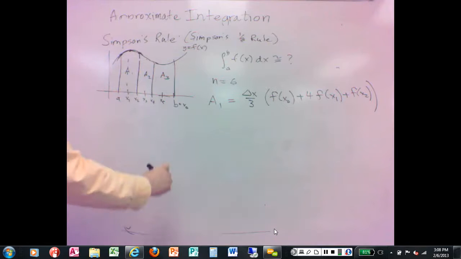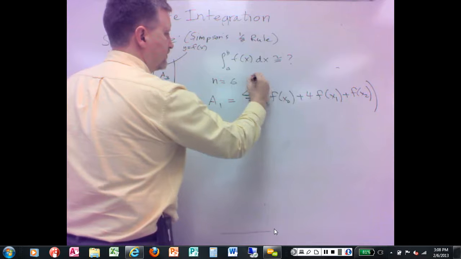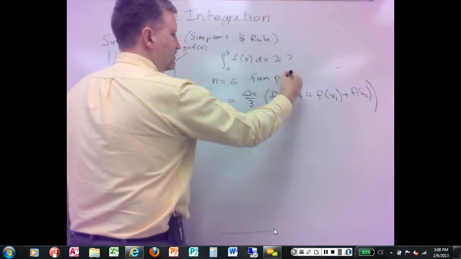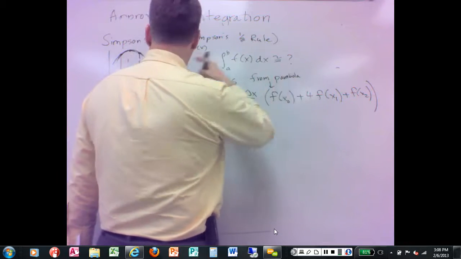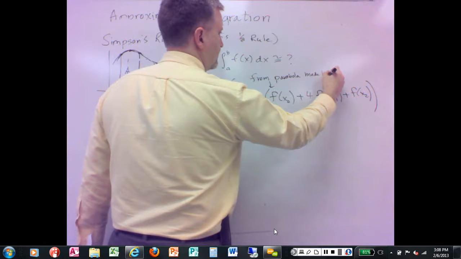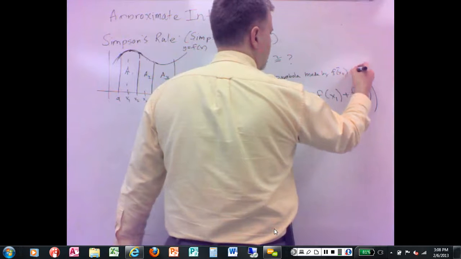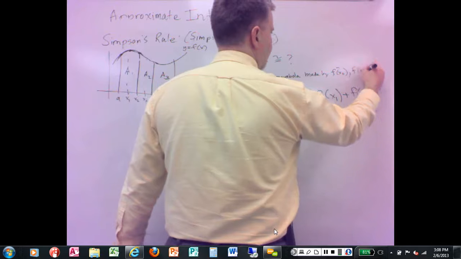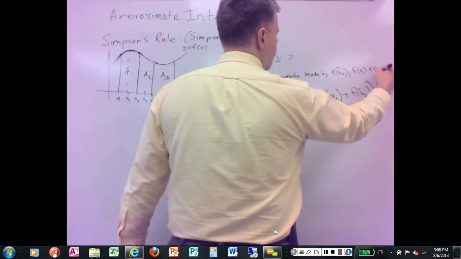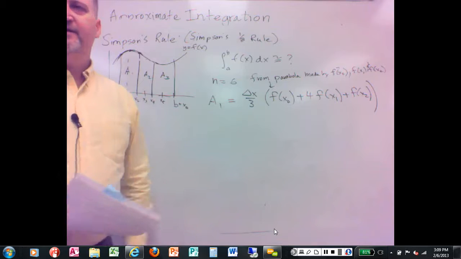But if we determine the parabola, so this comes from the parabola made by f of x sub 0, f of x sub 1 and f of x sub 2. I'm not going to make you develop that. They've got it in the book. Like I said, it's kind of interesting to see how they get all the parabola stuff to work.